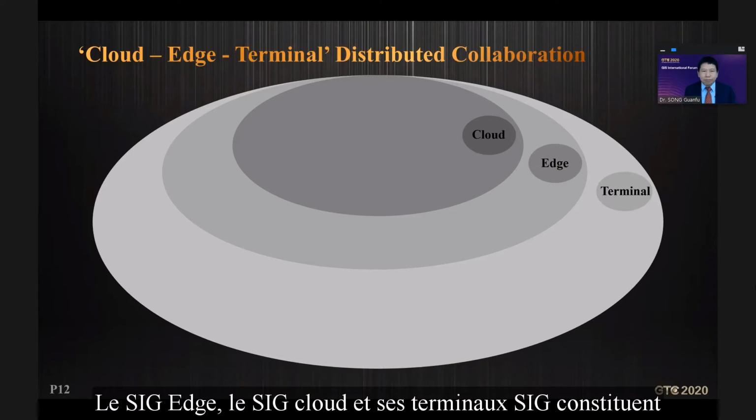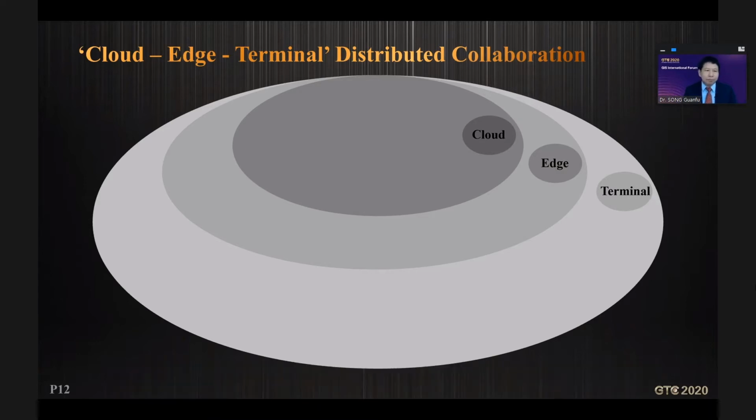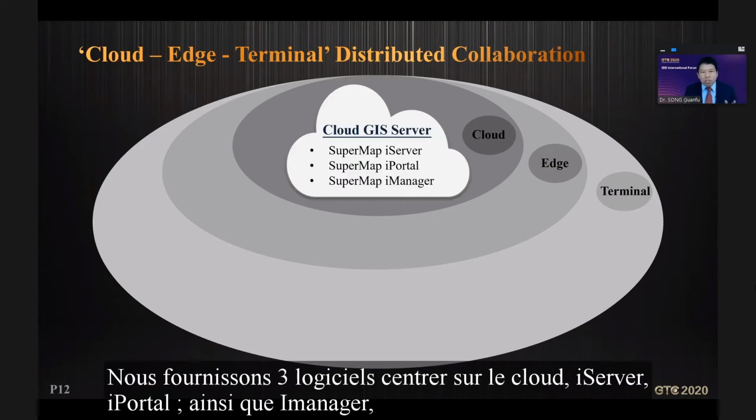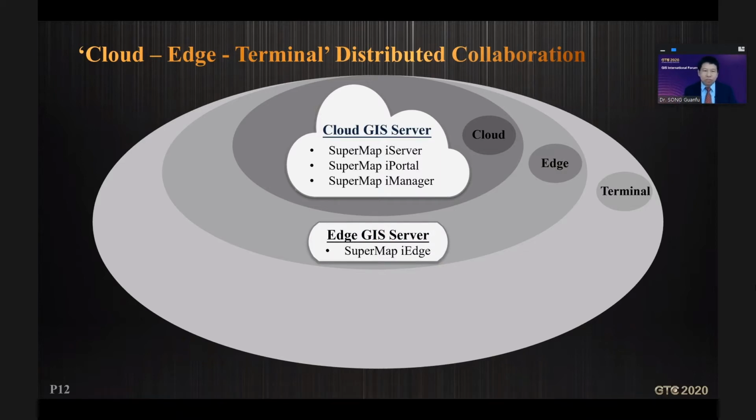Cloud GIS, edge GIS, and terminal GIS constitute the product system, which has the feature of cloud, edge, terminal, distributed collaboration. We provide 3 software packages for Cloud Center and provide edge GIS server for the edge side near the terminals.